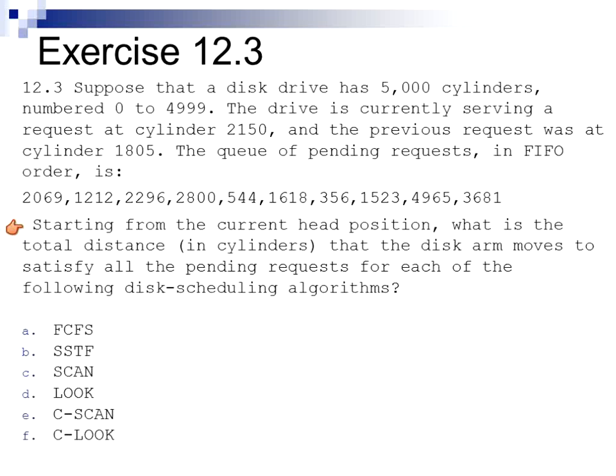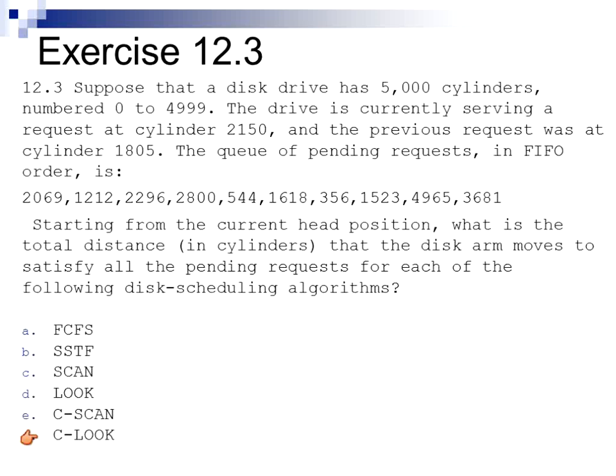And we're going to look at these different disk scheduling algorithms: first come, first served, shortest seek time first, scan, look, circular scan, and circular look.